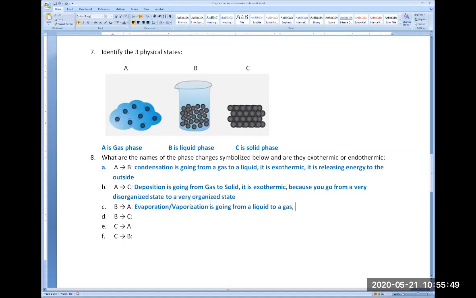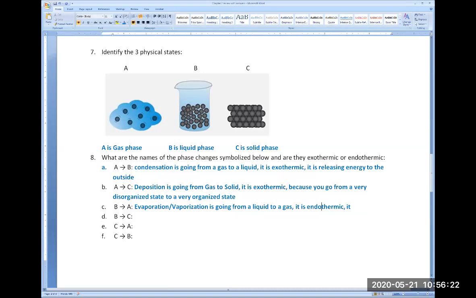And so is this exothermic or endothermic? Yes, it's endothermic, because as we said, going from a liquid to a gas, the gas has much more kinetic energy to be able to move around and be free from each other. So going from a liquid phase to a gas phase, you need to bring energy to the substance.